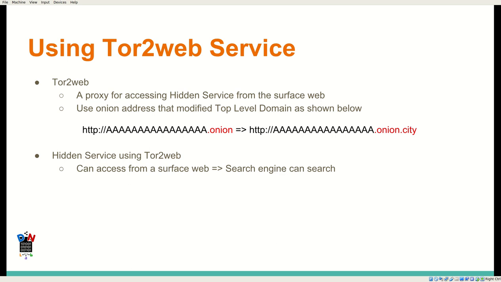They use a modified onion address that transforms the top-level domain of the onion address, for example, .onion to .onion.city. Hidden service using Tor2Web can be accessed from the search engine. In other words, we will be able to discover hidden service from the surface web search engine.